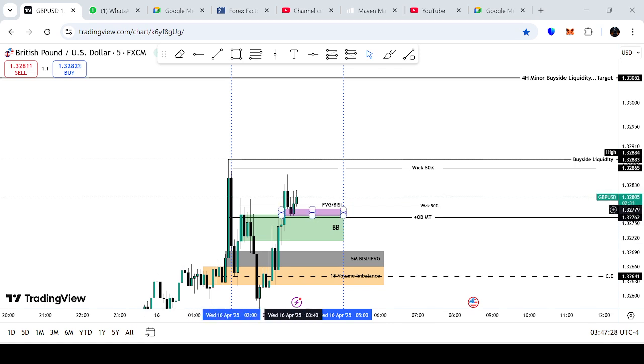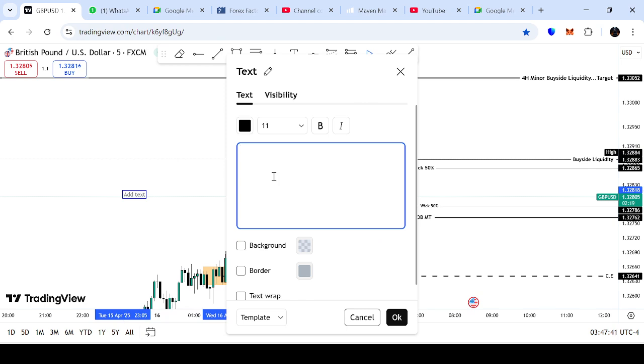You can anticipate this fair value gap to be the 3 o'clock to 4 o'clock macro. You have a 3 to 4 o'clock macro, 3 a.m. to 4 a.m. New York time.